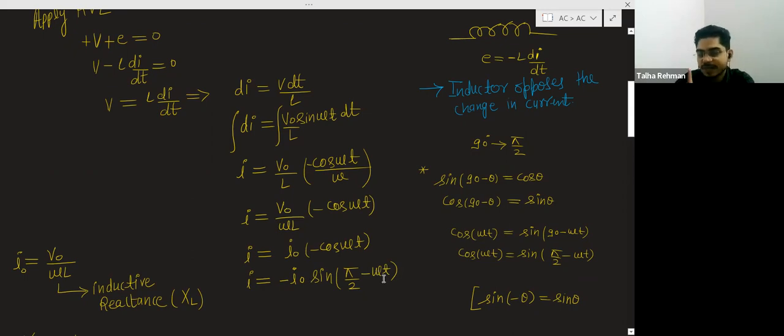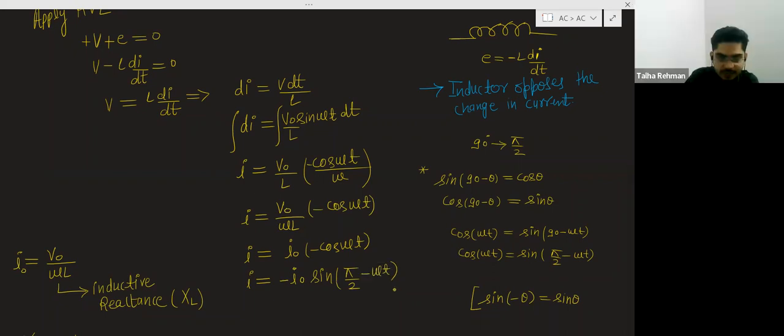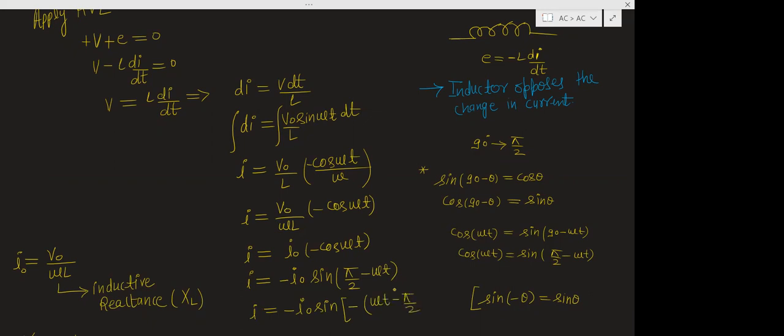But please always remember that we want this omega t to be positive. So what we will do, we will write I is equal to minus I naught sine, and take the minus sign common, so it will become omega t minus pi by 2. It will multiply inside.